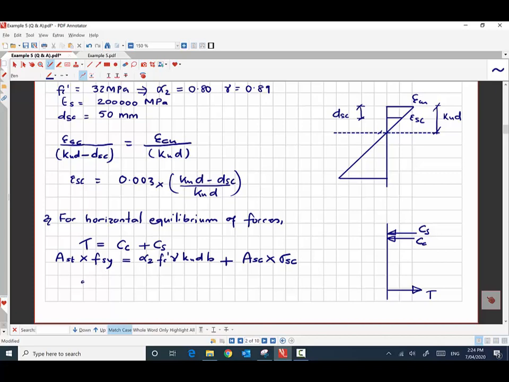Therefore, we can solve for Ku. We are writing sigma sc in terms of the strain in the compressive steel.